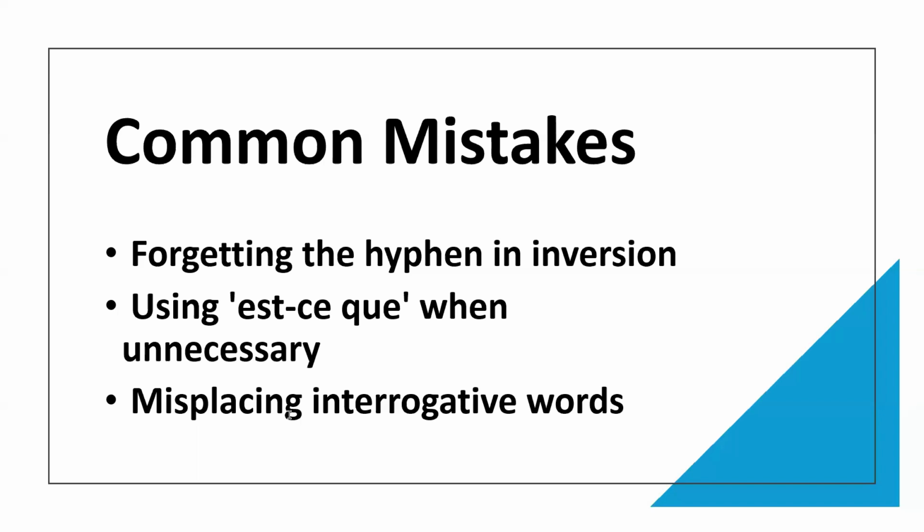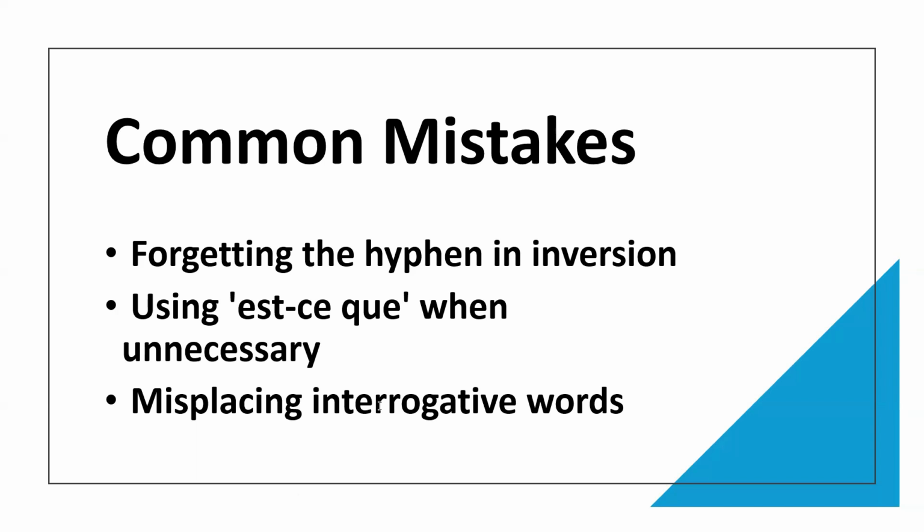It's more like use inversions most of the time. It's really rare that you're going to hear someone say est-ce que, okay? And misplacing interrogative words, meaning saying où instead of que, instead of qui.